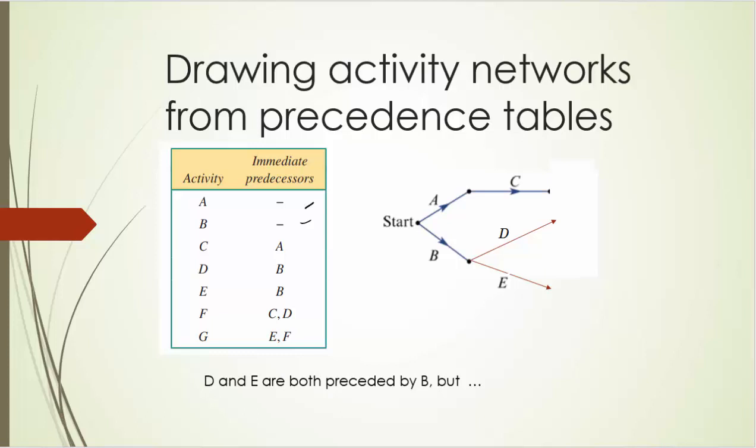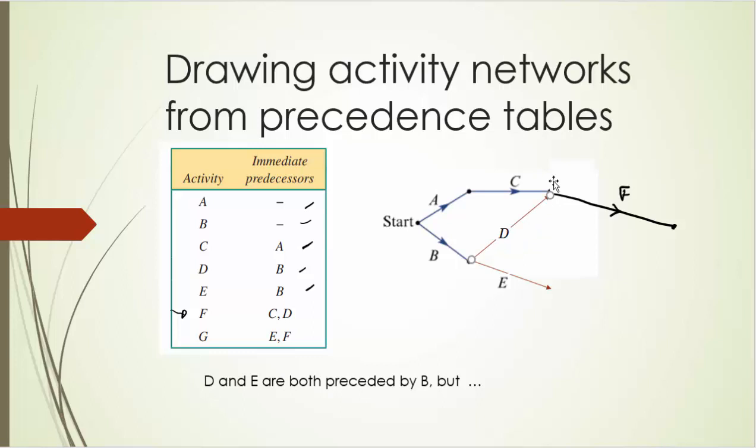So we've now done that lot, and the next one we're going to do will be F, which is preceded by C and D. And now that tells us that F is actually going to come off C and D, which I'm going to cheat by drawing an F, and I'm going to select activity D and move it up like that.